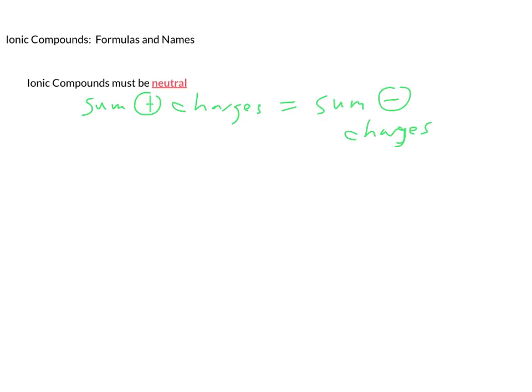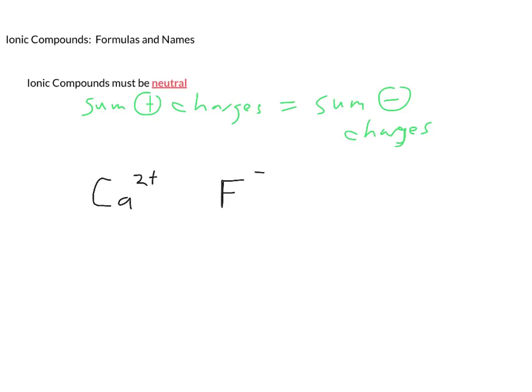For example, if you have calcium 2+, calcium is an alkaline earth metal, forms a 2+ cation, making an ionic compound with fluoride, a nonmetal. The sum of the charges for the formula for the ionic compound must equal 0.